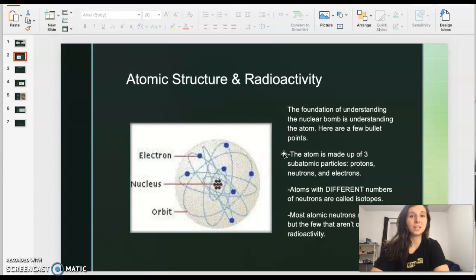In the nuclear fission type of thing that we're talking about, the neutrons are going to be the most important part. Specifically, atoms with a different number of neutrons are called isotopes, and isotopes are typically radioactively unstable. Most atomic nuclei are stable, but the few that aren't are often radioactive.